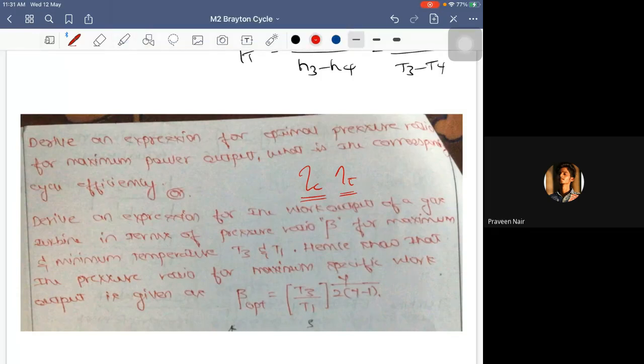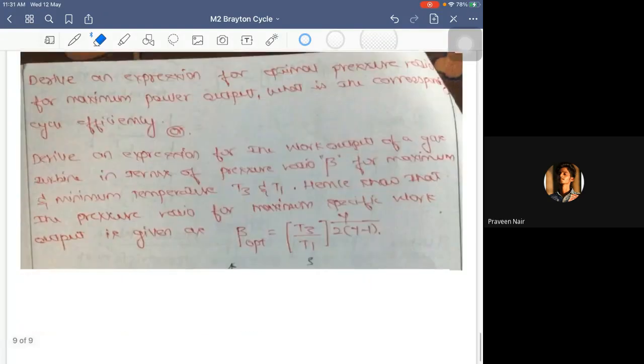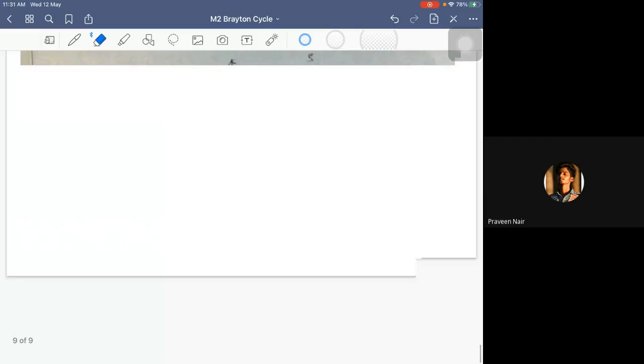Once you get both, you know this is the actual Brayton cycle. Now for the normal Brayton cycle, which is the ideal Brayton cycle, we will be having something like this.